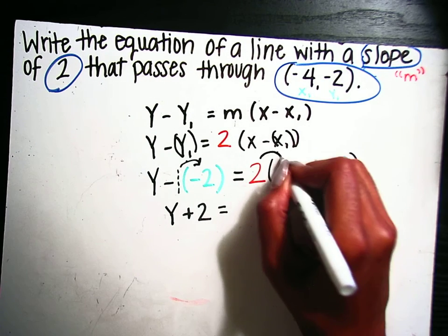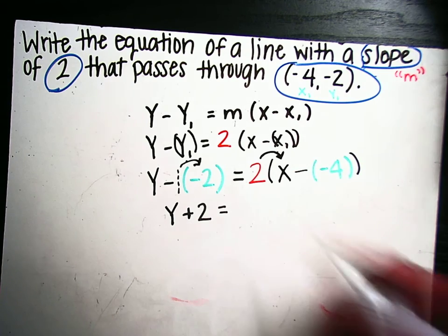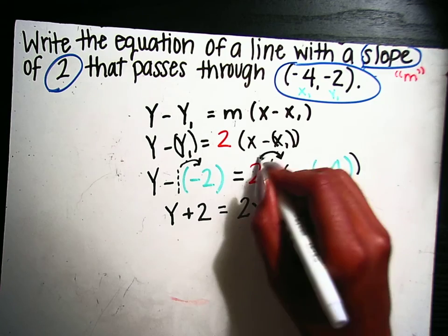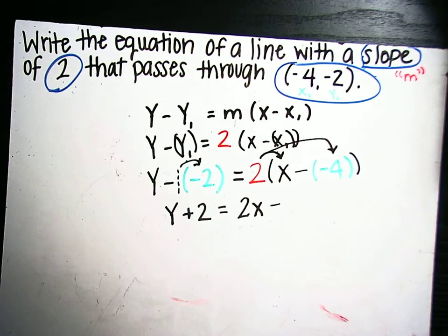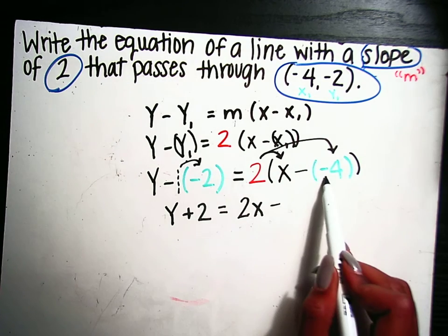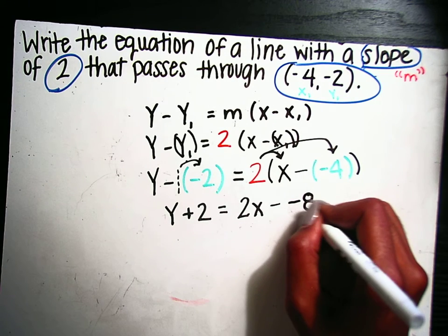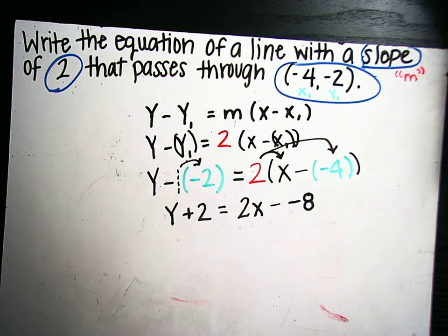Equals 2 times x, which gives me 2x, minus 2 times -4. So 2 times -4 is a -8. Okay?